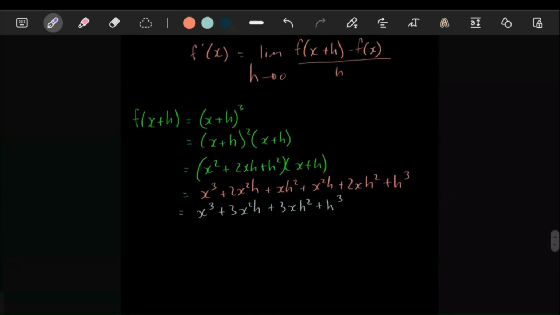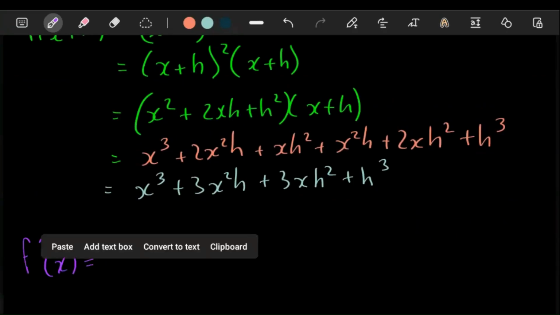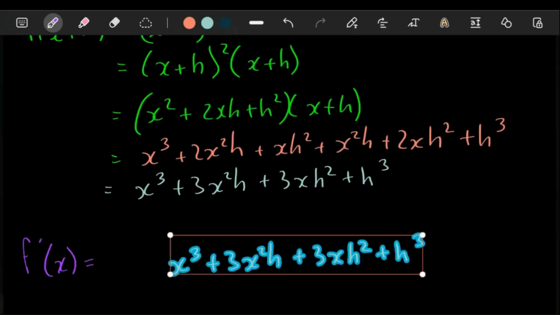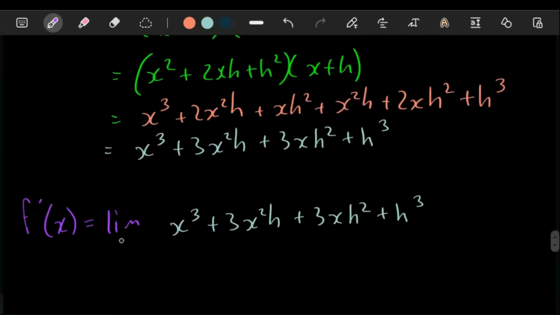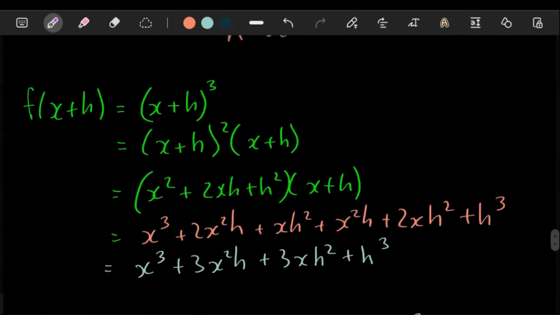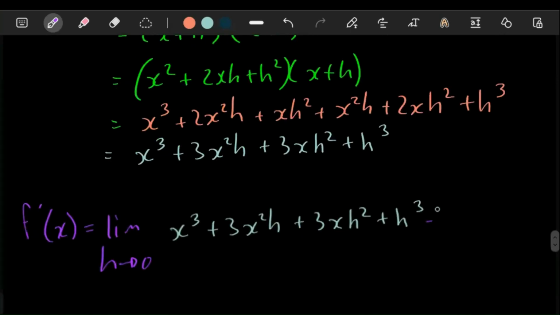So let's see. F like that, right? Let's throw in our expression, and we have to put the whole lim stuff. As long as we're not done, we have to keep putting in that lim, h goes to 0. So this value, we have it here, it's minus f of x, so this is minus x cubed.